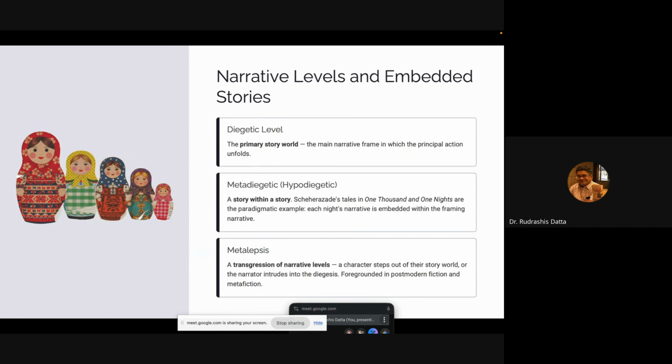Like in our case of the Mahabharata, it is a classic example of a person narrating what happened in the Mahabharata to a group of sages who have gathered together. Right? And then the Mahabharata. So it's a story within a story. This is called meta-diegetic narrative.